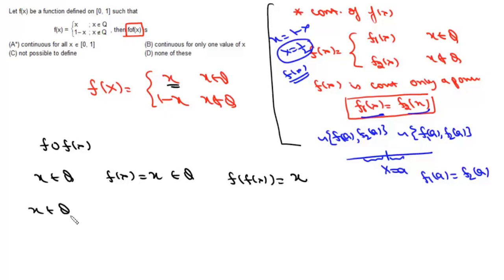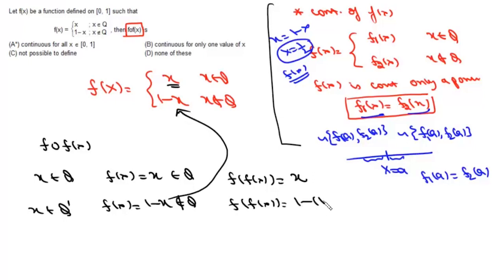Now when x is irrational, f(x) is 1 minus x, and 1 minus x is irrational, and if it is irrational, it will go to this 1 minus x. Then in that case, f of f(x) will be 1 minus (1 minus x), which is x. So whether rational or irrational, this f of f(x) will always be x. That means it is continuous for all x belongs to 0 to 1, and that's your option A.